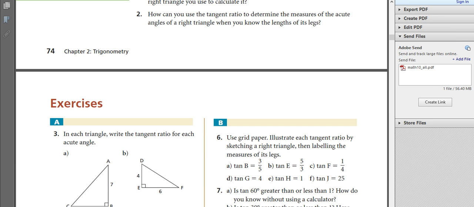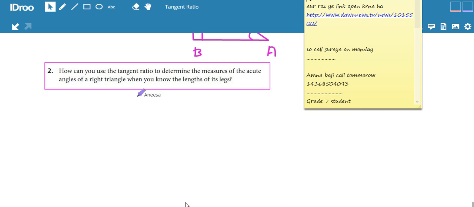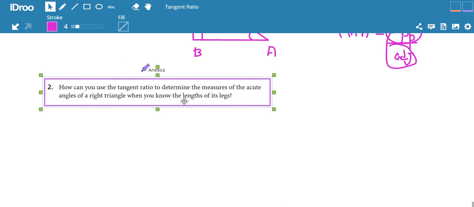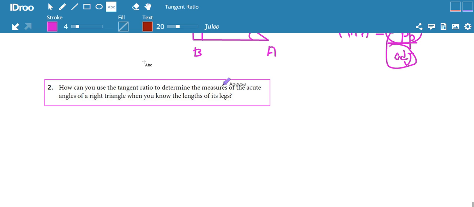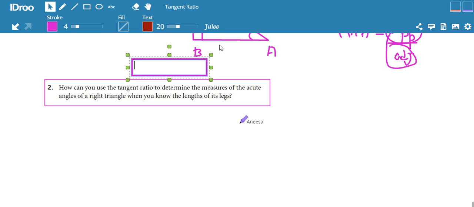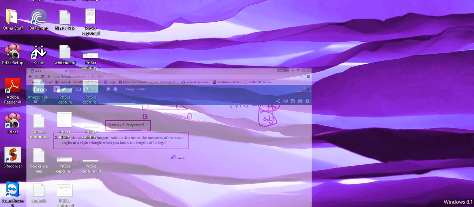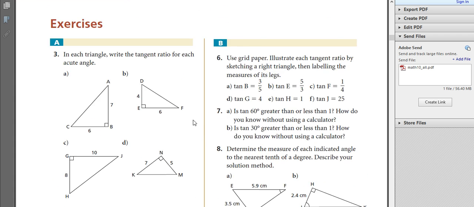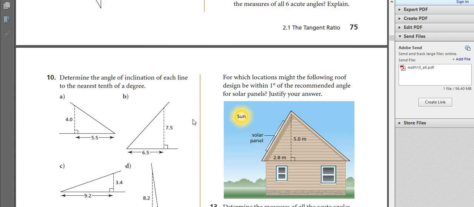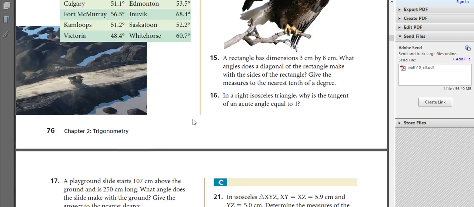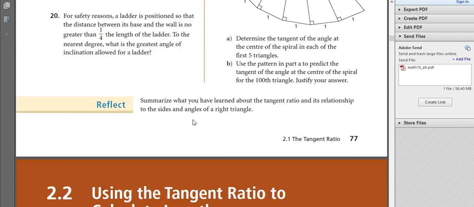Nisa, this is your homework assignment. So now there are some exercise questions. You can try those at home, right?